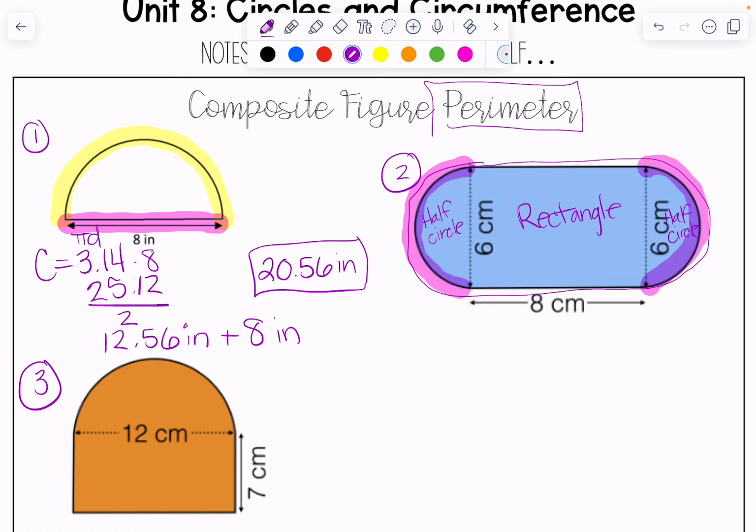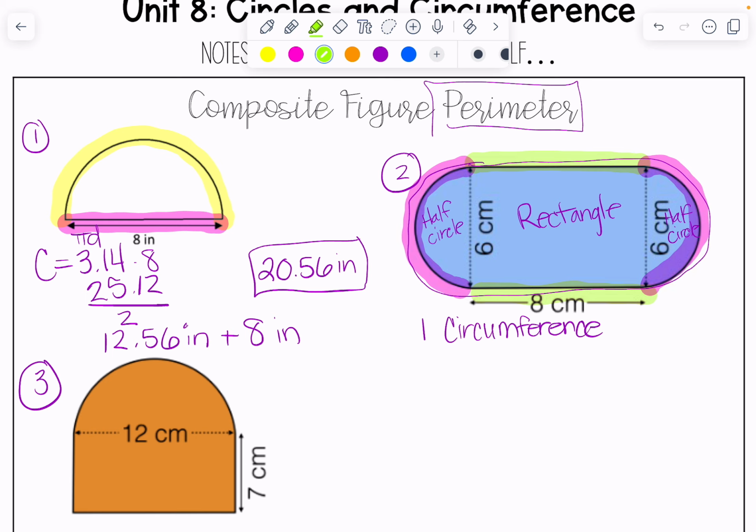So I'm actually going to find one circumference, and then I'm going to be adding on these green measurements as well to that, okay?